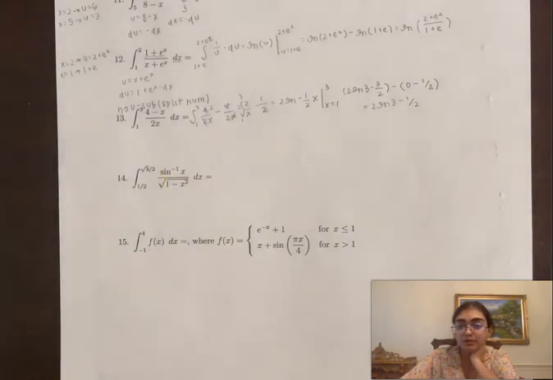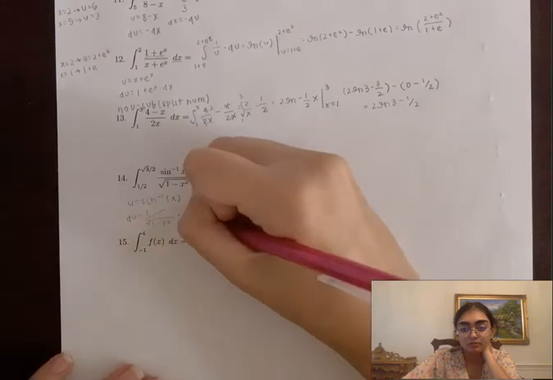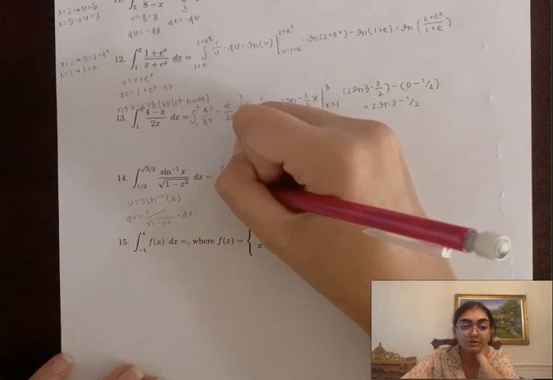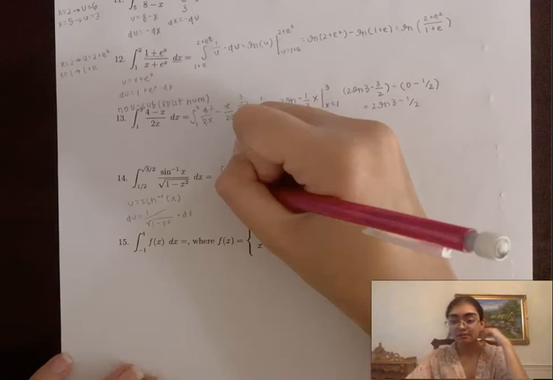So since the derivative of inverse sine is already in the problem, we're going to make inverse sine our u. So that means that our du is going to be 1 over square root 1 minus x squared times dx, which is perfect because that is exactly what we need to get rid of and replace with du.